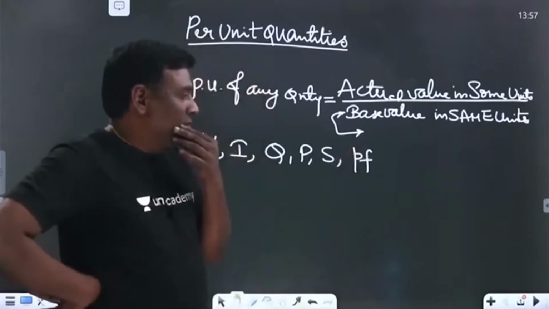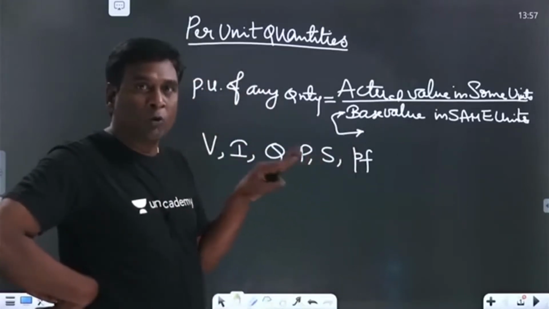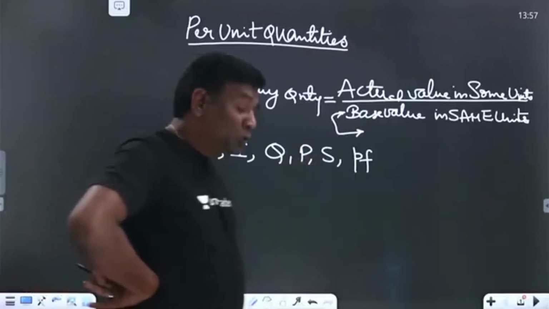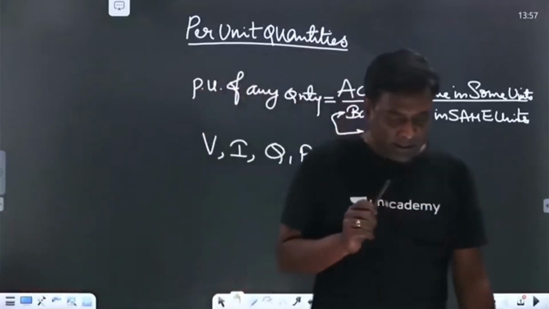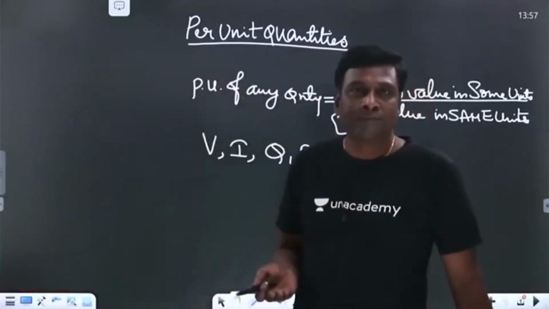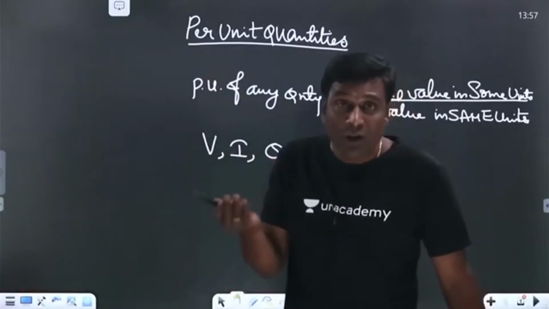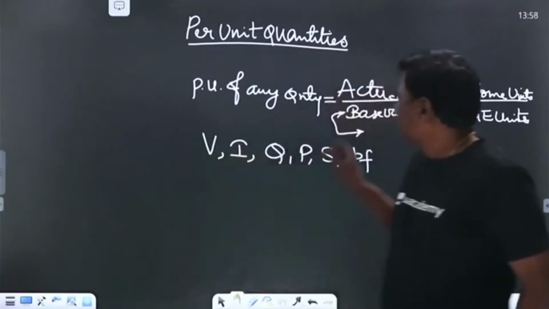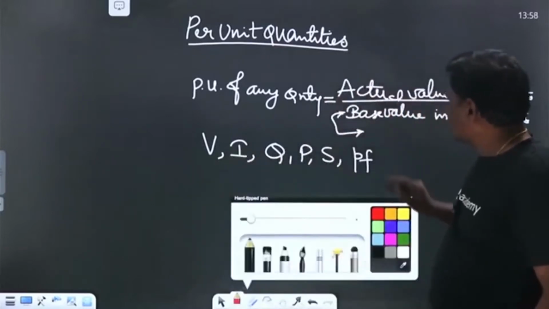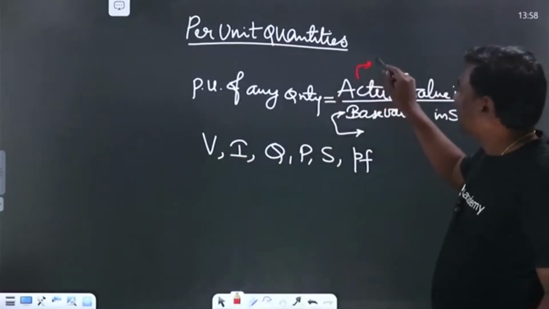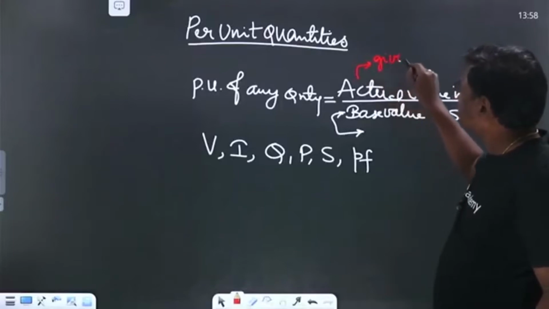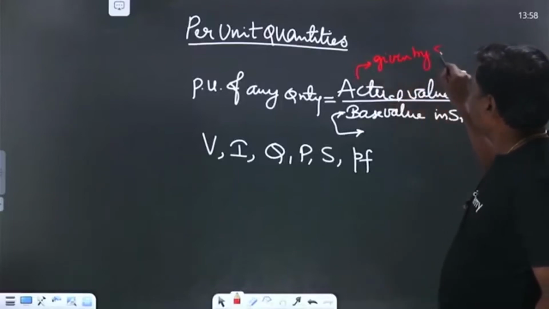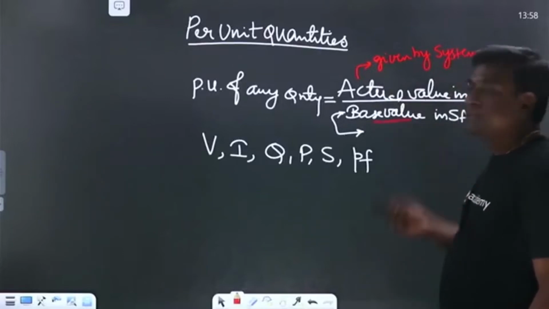Now, if I think of our wall outlet, our plug point, how much should be the voltage of that particular wall outlet? Maybe we can think of 230 volts. But the actual value at the wall outlet will be decided by the actual system. Actual values will be given by the system, but base values can be taken by us.